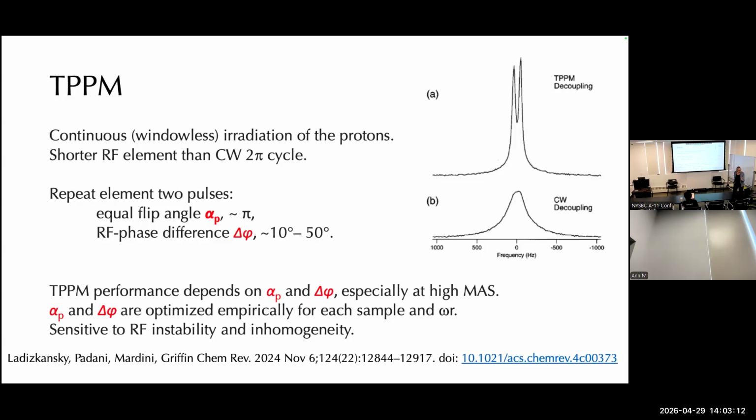Are you right on the glycine pair of the CH2, or did you somehow by mistake move over to the water or over to the metal? You should look at your spectrum, you can see it's not the same. As you move your carrier around with CW, you also have some change in performance. And you also have some change in performance with instability and inhomogeneity.